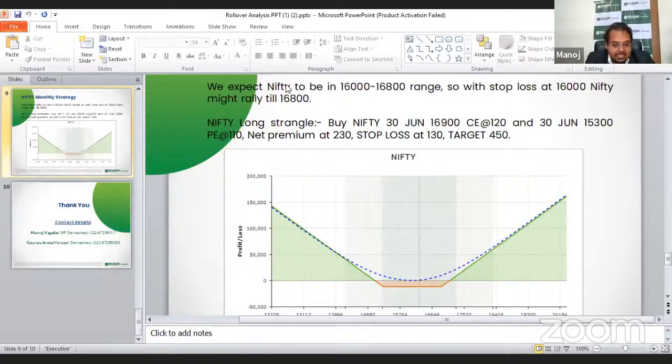Let's say in this case, the target that we have is 16,800 and the strike is more or less towards that. Because June is a big month, if the Nifty inches towards 16,600 also, the amount by which the call premium of 16,800 would increase would be more than what the 15,300 put will decrease. So to answer your question, why am I buying an out of the money call option?